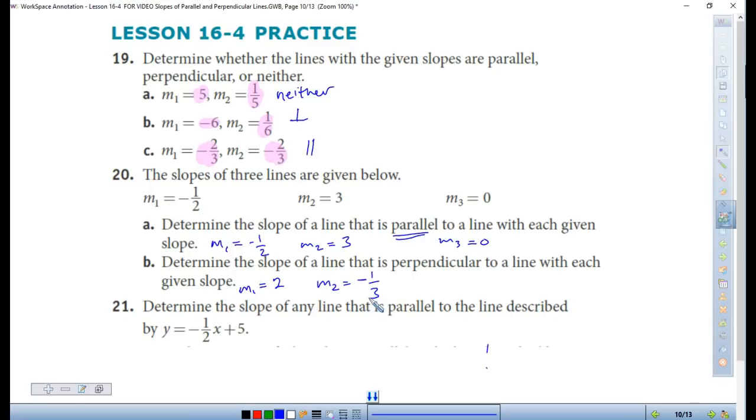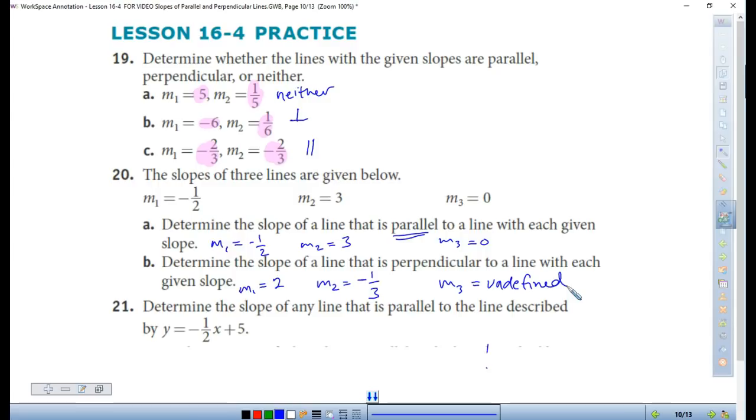Okay, so you got to make sure you're getting the signs. And the third slope, if I flip over 0, I explained this a couple pages ago. What is the opposite reciprocal of 0? Undefined.